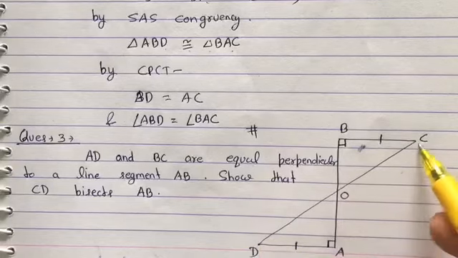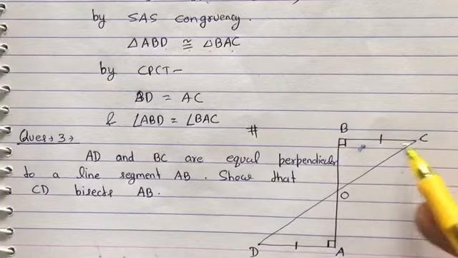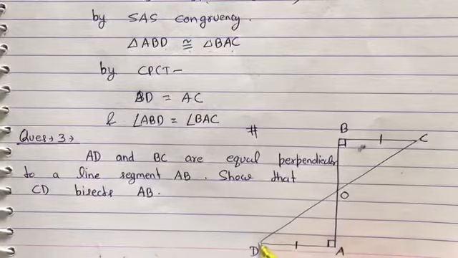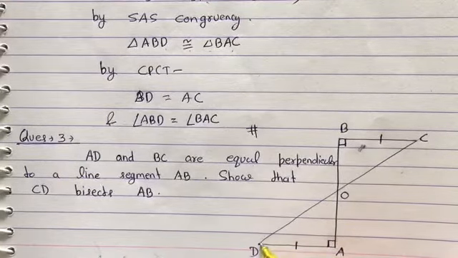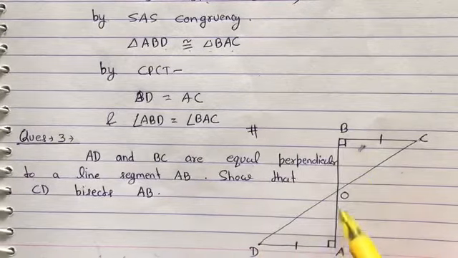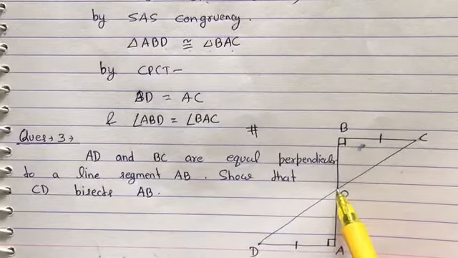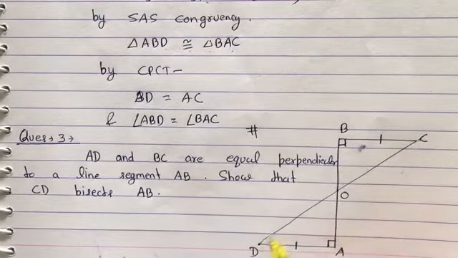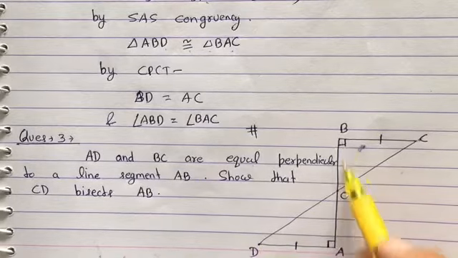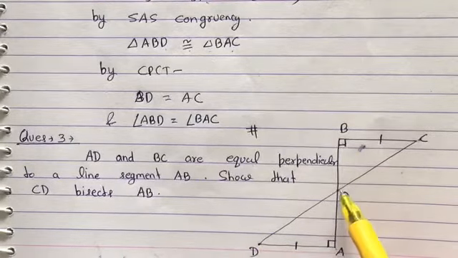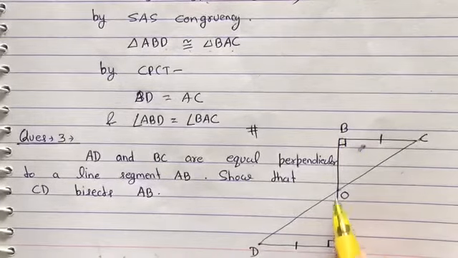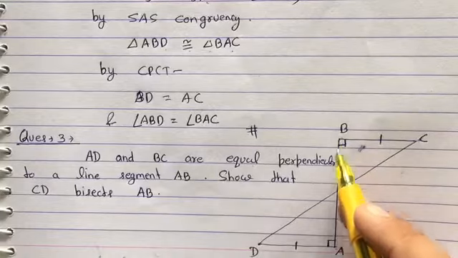This is the CD, endpoint of BC is C and endpoint of AD is D. When we join C to D, we get this line CD which intersects AB at O, this point. We have to show that CD bisects AB, means this line CD bisects AB, means O is a midpoint of AB. We have to prove that AO is equal to BO.